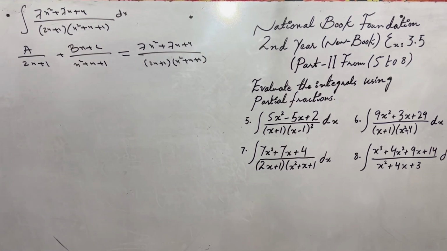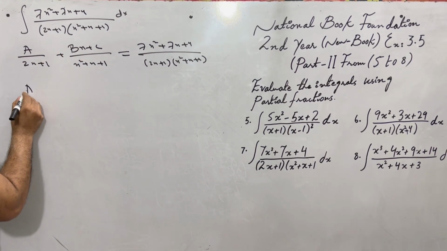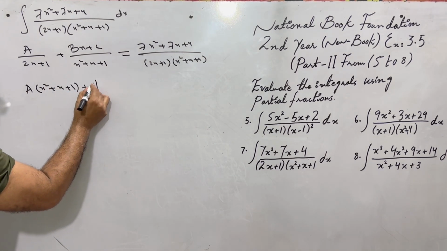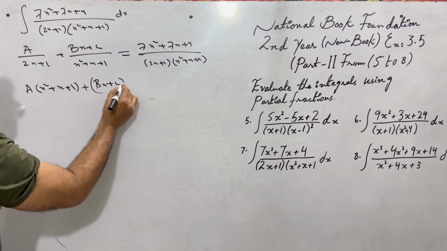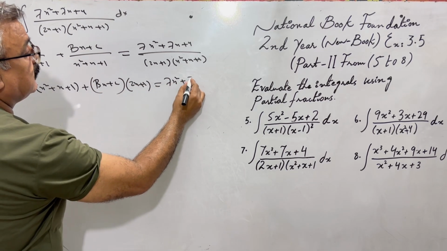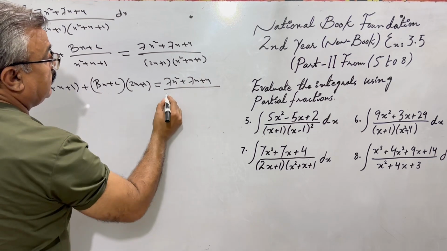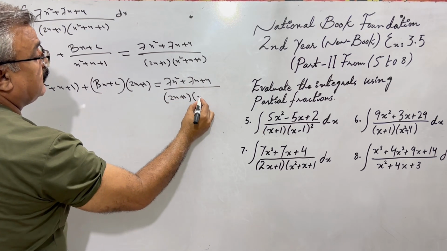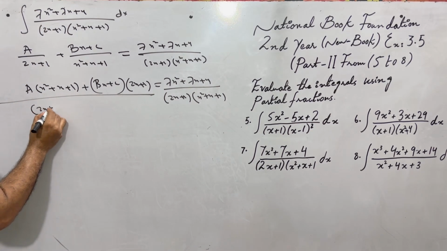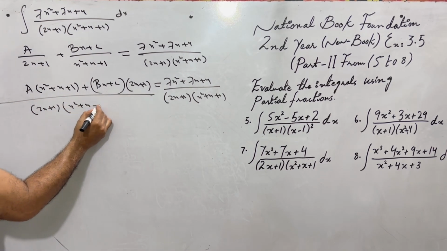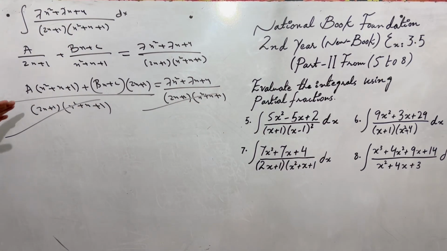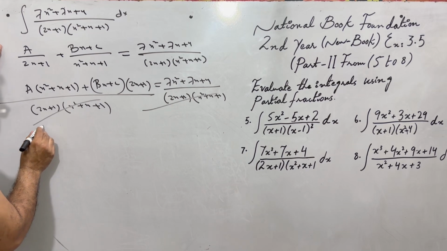Okay, taking LCM, what we are left with is a times x square plus x plus 1 plus bx plus c times 2x plus 1 is equal to 7x square plus 7x plus 4. Just multiply and settle the situation.